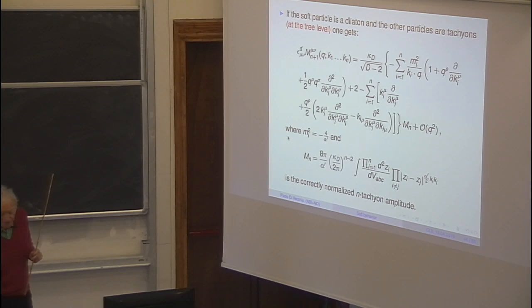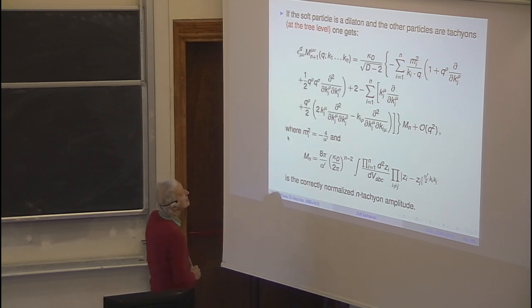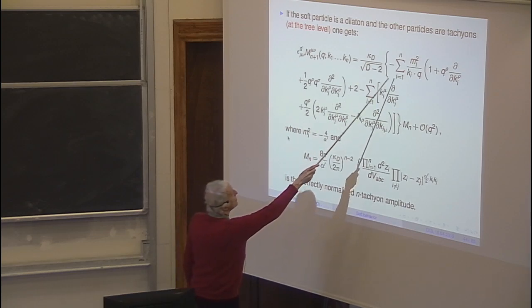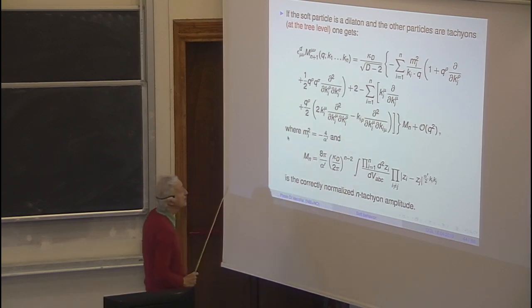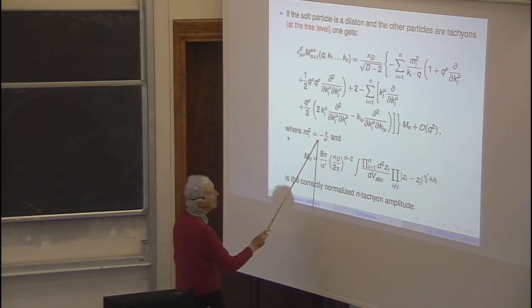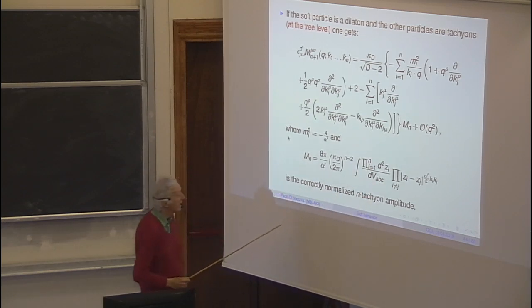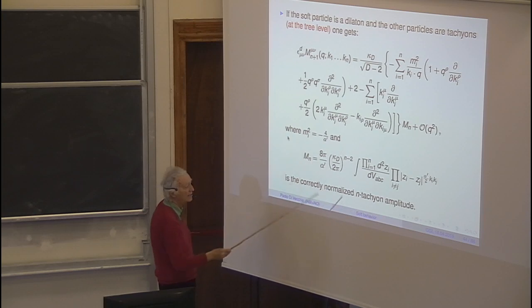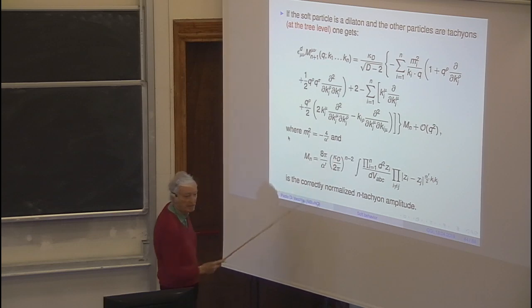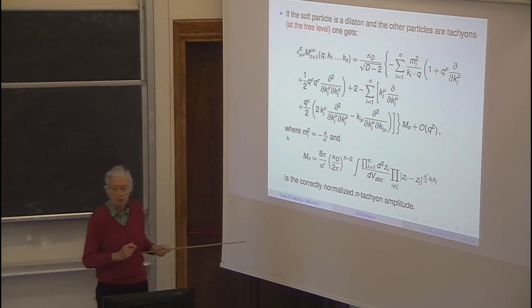So if the soft particle is a dilaton and the other particles are tachyons, then at tree level that's the expression that you get, and the mass is just the mass of the tachyon, and Mn, the n tachyon amplitude correctly normalized, is this one. And notice that there is an alpha prime here and there is a kappa d here. So this alpha prime is relevant to do the field theory limit.